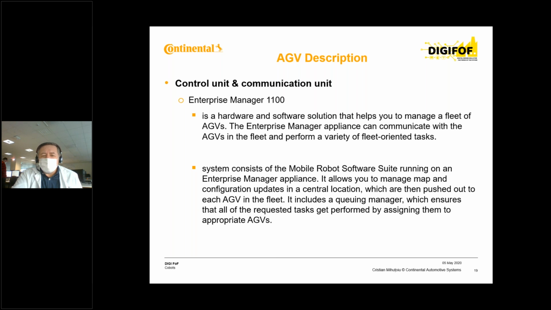Enterprise Manager appliance can communicate with the AGV fleet and perform a variety of fleet-oriented tasks. The system consists of a mobile robot software suite running on each Enterprise Manager appliance. So there is a central software, we usually call it Fleet Manager, and application modules of this software you can find on each AGV, so it can easily connect to the fleet and perform the operations in an automatic way.